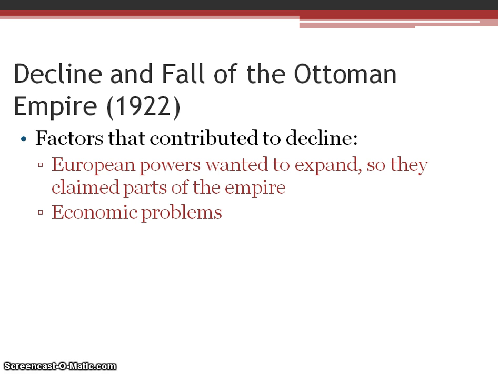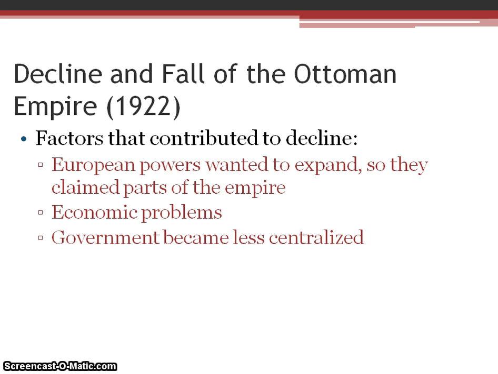Then we also see some economic problems that led to the end of the Ottoman Empire, such as competition from trade from the Americas and from India. They were just unable to compete. We see development of other trade routes, rising unemployment, so those are all economic problems. Next, we see the government becomes less centralized, which means that there's not central control anymore over the whole empire.